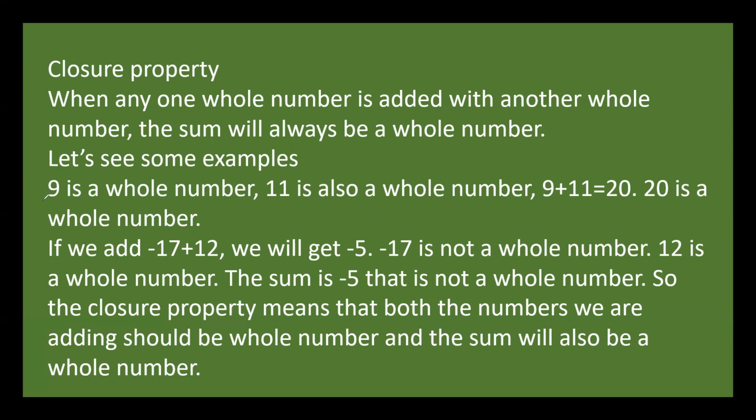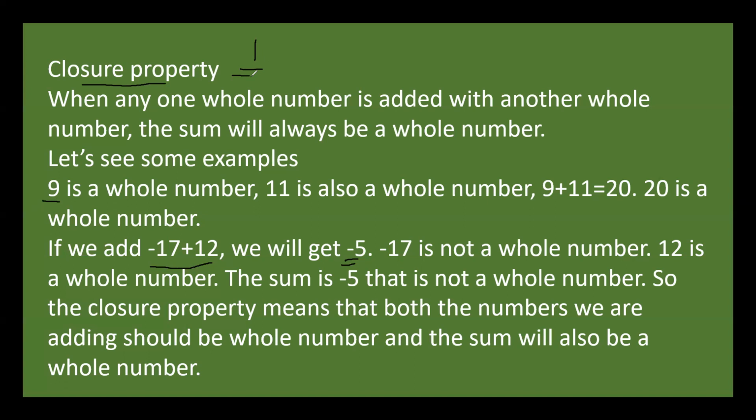So 9 is a whole number. No, sorry, here we have completed this. So minus 17 plus 12, and the answer we get is minus 5. Minus 17 is not a whole number, 12 is a whole number. In the case of the closure property, both the numbers should be whole numbers. If one number is negative, if one number is an integer or negative, then your answer can be positive or negative also.